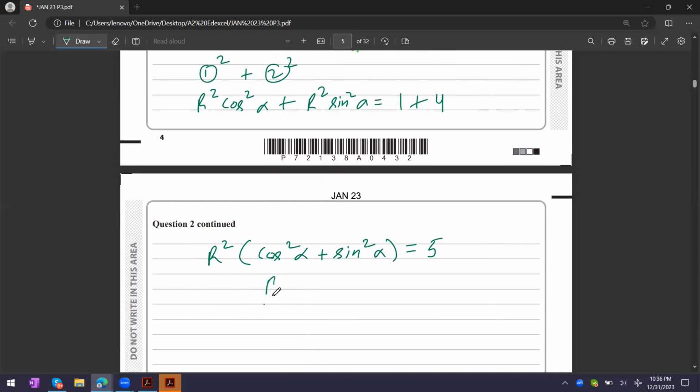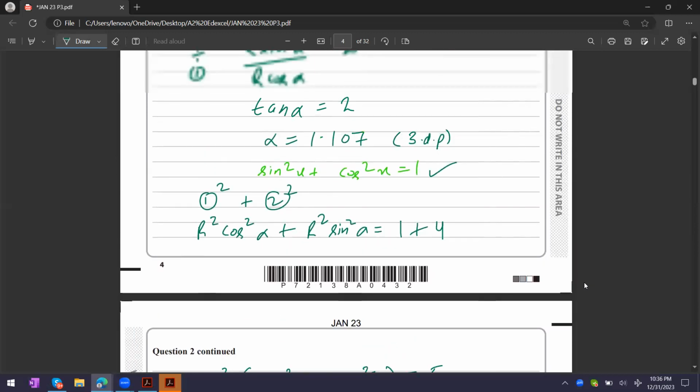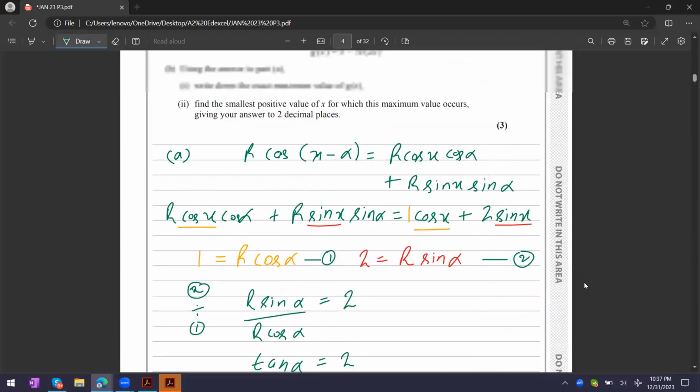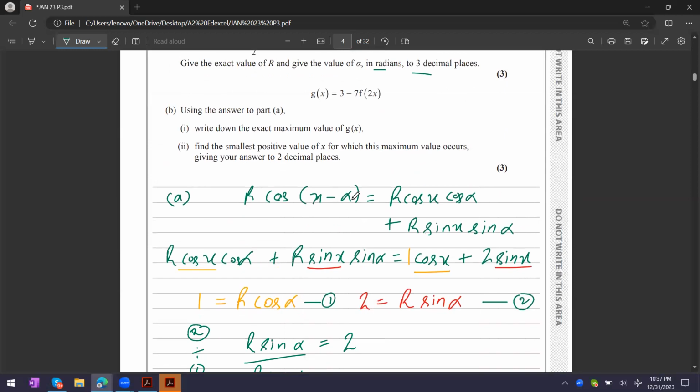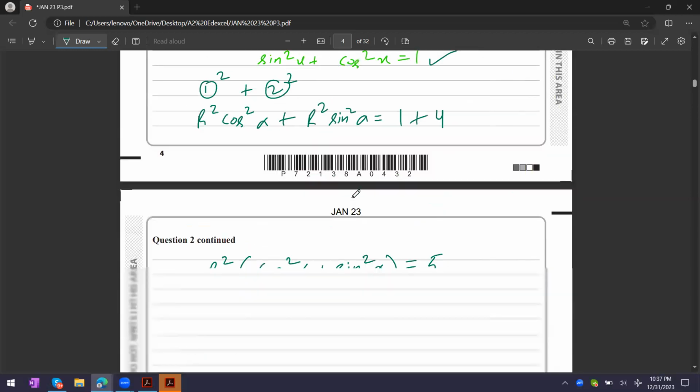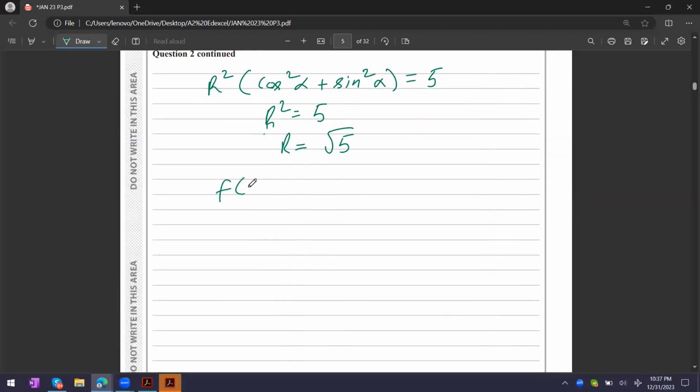So r square is equal to 5, r is equal to root 5. So that's it for the first part. A part, we can just write now r cosine of x minus alpha as root 5 cosine of x minus 1.107. We changed the form. Okay.